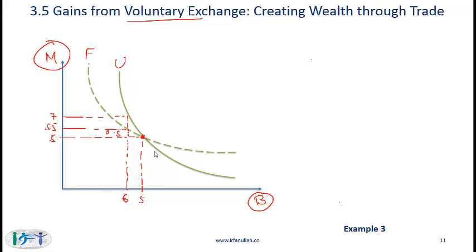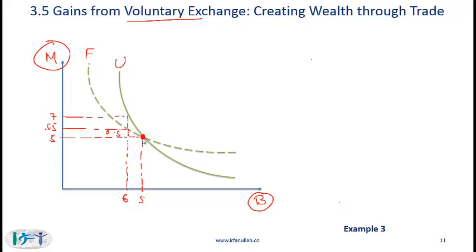The first question I'll ask you here is, who likes bread more, you or your friend? Now think about it. Let's say that we are at this point. So this is a particular bundle which is 5 slices of bread and 5 ounces of milk. Initially, you and your friend both have this bundle. Look at your situation.